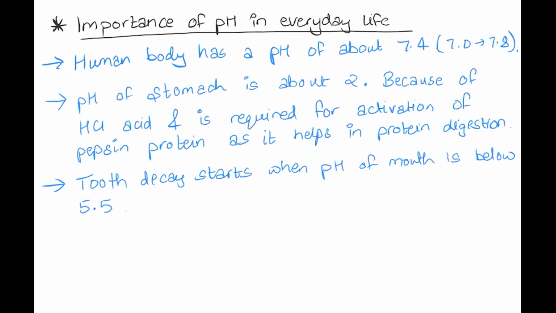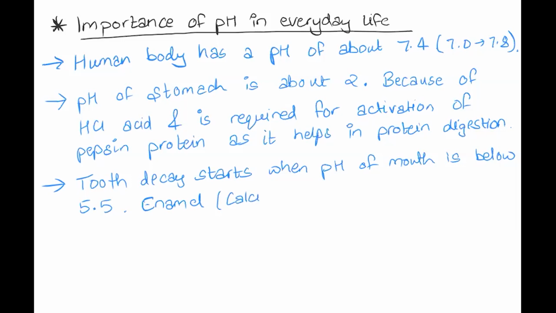And how does the pH of the mouth become acidic? I'll tell you. Now, can you tell me what the teeth are made up of? Calcium? Have you heard the word enamel? It is the enamel that the teeth are made up of. It is calcium phosphate. To give you the chemical formula, the enamel is made up of calcium phosphate.